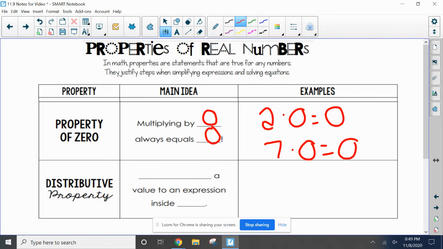And the distributive property, we started to talk about it. We're going to talk about it some more this week. I think we kind of struggled with it, so I want to spend some more time with it.